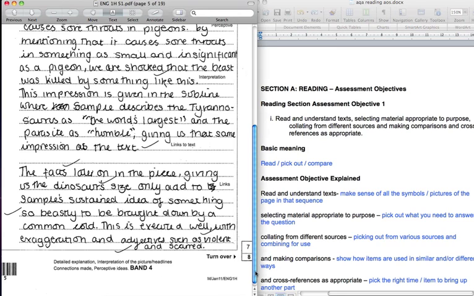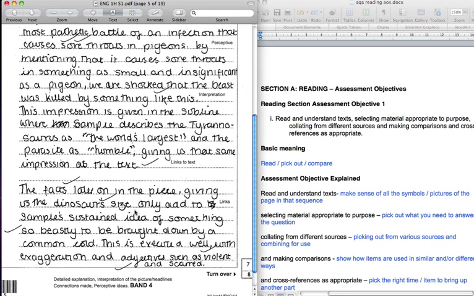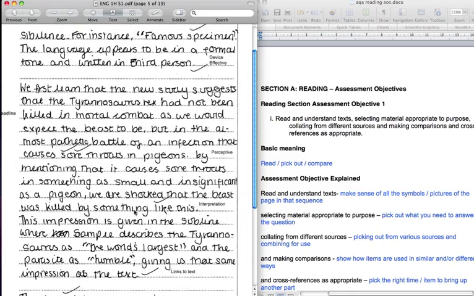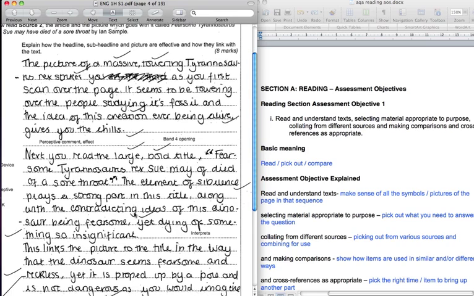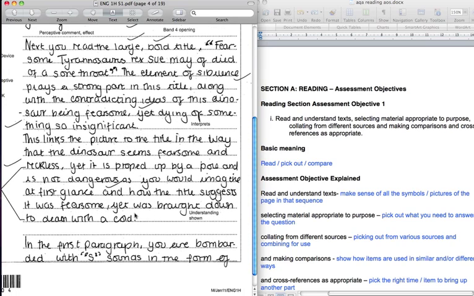So this gets a band 4, it gets a 7 out of 8, and if you look at that, you'll see it's not as complex, and that's probably why it gets a 7. It's very clear, very straightforward. It does everything it's supposed to do.